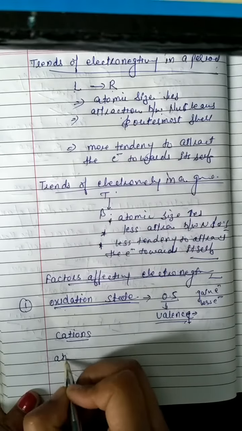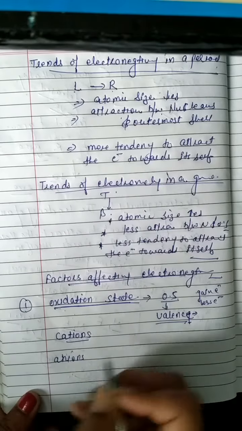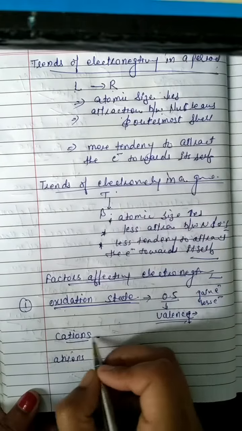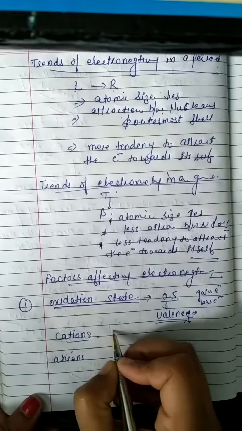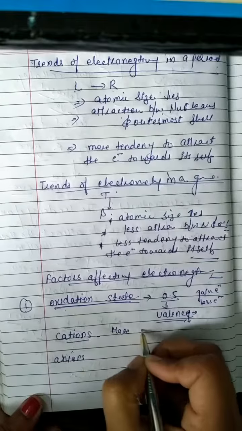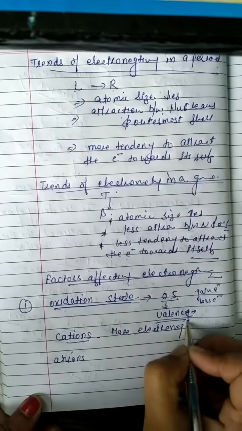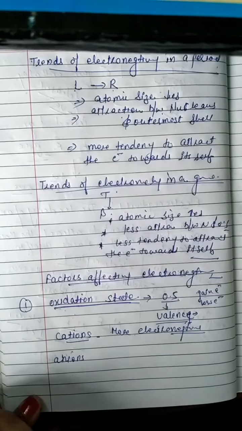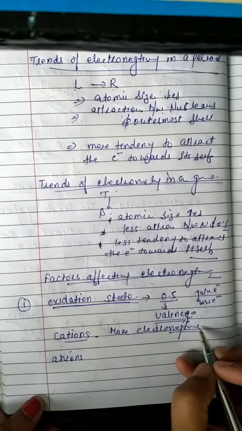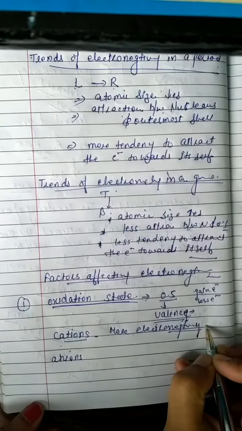If they gain electrons, they form anions. And cations have more electronegativity. That is, cations have a more electronegativity.